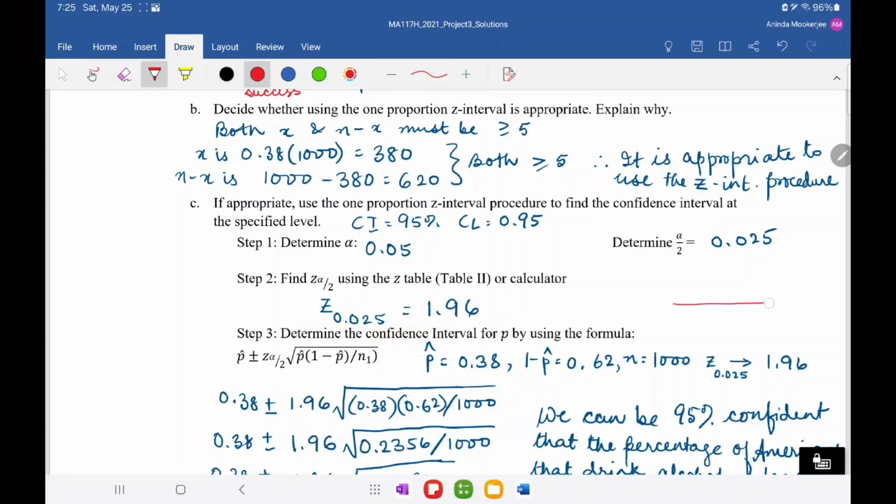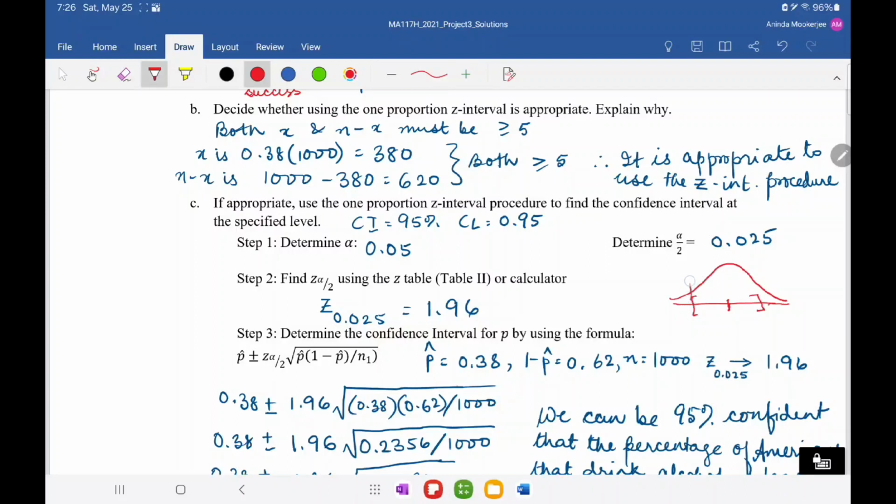So this is what's going to happen, or rather what we are looking for is, here's our normal Z curve. So it's a 95% confidence interval. Let's mark the center point. So we have the center point here. Let's say we are trying to find the end points of our interval.